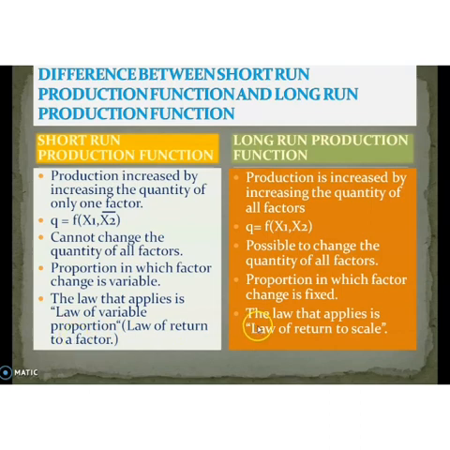At the same time, in the long run production function, the law that applies is the law of return to scale. The change in both factors is in the same proportion. That's why the law is known as the law of return to scale. Okay, students, these are the differences between short run production function and long run production function.